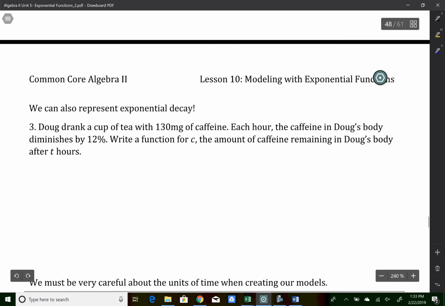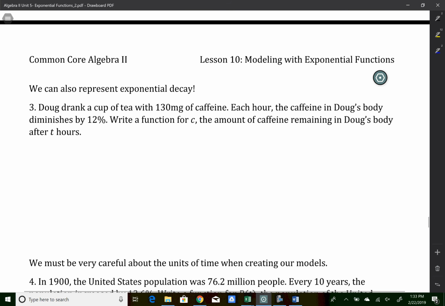Now we can also do some decay questions. Again, it doesn't always have to be about money. Here we have a question about Doug drinking a cup of tea. It has 130 milligrams of caffeine. That's the initial amount of caffeine. And every hour, the caffeine diminishes by 12%. We want to write a function of C in terms of hours. One of the things to always look for is to make sure that the time units are the same, hours to hours, meaning your variable is going to be hours.